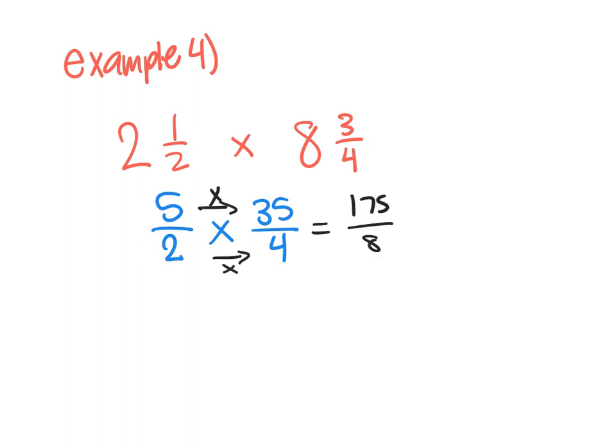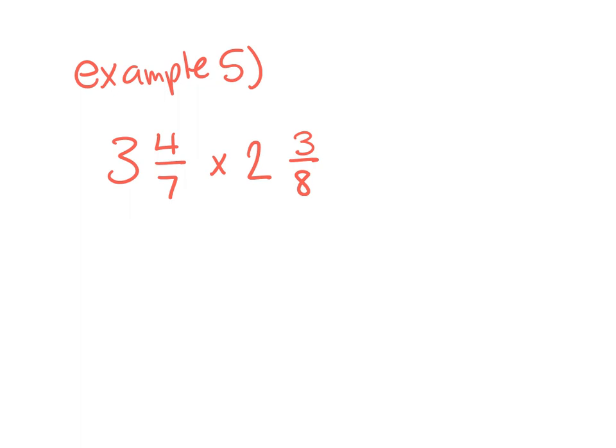I see that the only things that can really go into 8 would be 2 or 4, and 2 and 4 cannot go into 175. So once I'm at this point, all I'll need to do is change it back to a mixed number. If you are still having trouble changing improper fractions to mixed numbers, please watch the video about changing improper fractions to mixed numbers and mixed numbers back to improper fractions.